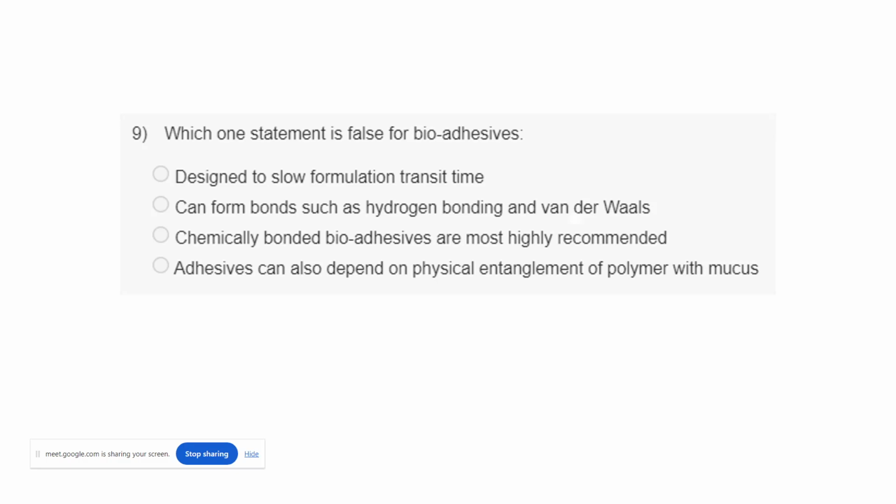Anybody else would like to answer? Which is false for bioadhesives?